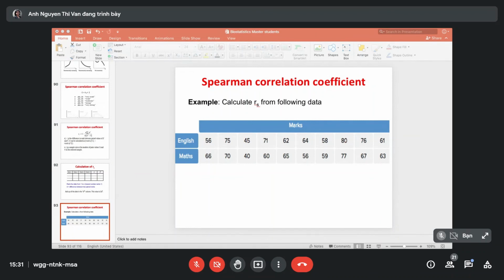It doesn't require the normal distribution, so you don't need to check in this case. When you want to use a non-parametric test, and in more detail the Spearman correlation coefficient, you don't need to check, because it doesn't require the normality.